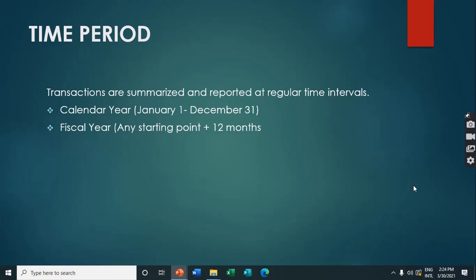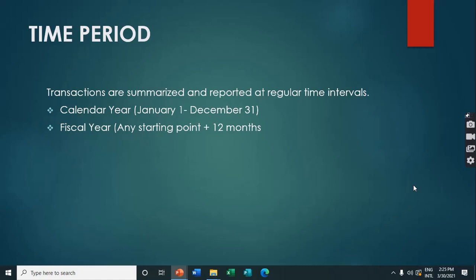Now, let's go to time period. Ano ba itong sinasabi natin sa time period na to? So, transactions are summarized and reported at regular time intervals. So, may tinatawag tayong calendar year and fiscal year.